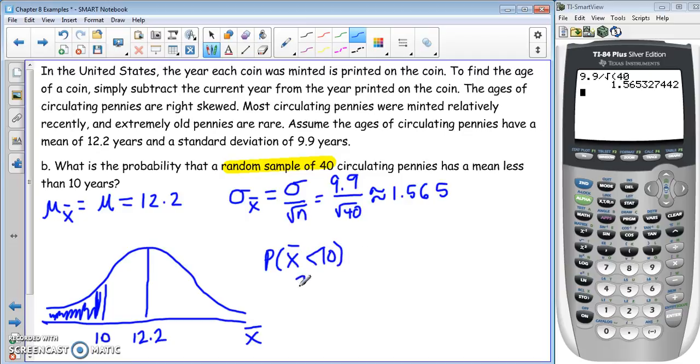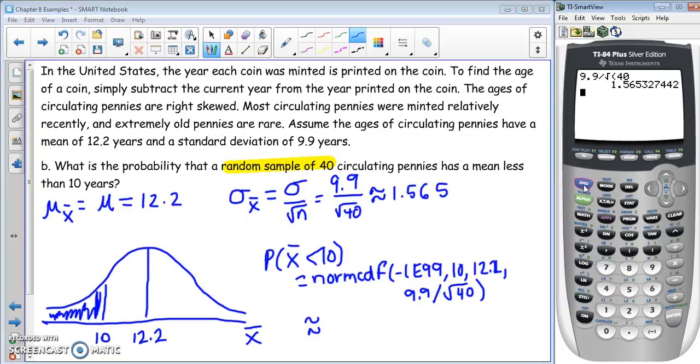We're going to do normal CDF, negative 1E99, comma 10, and the mean of our sampling distribution, 12.2 there. Then we're going to do 9.9 divided by the square root of 40. You can just go ahead and type that in there. This looks very similar to working with the applications of the normal distribution, with just a small difference in the standard deviation.